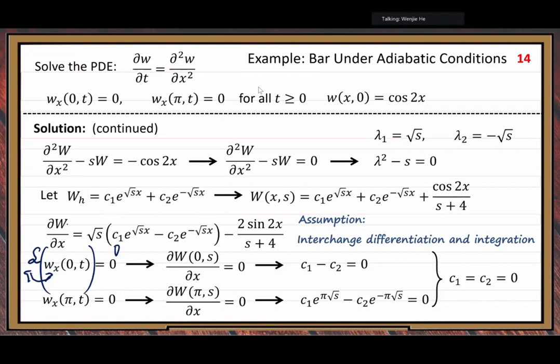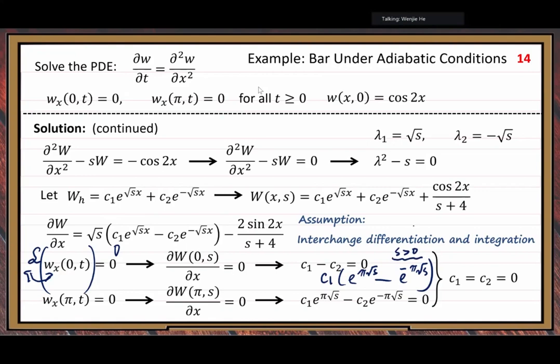Can you see C1, C2 equals 0? Because C1 equals C2. So C1, C2 are the same, but their coefficients are different, right? So if you just factor out C1 times e to the pi root s minus e to the negative pi root s, we know s is greater than 0.